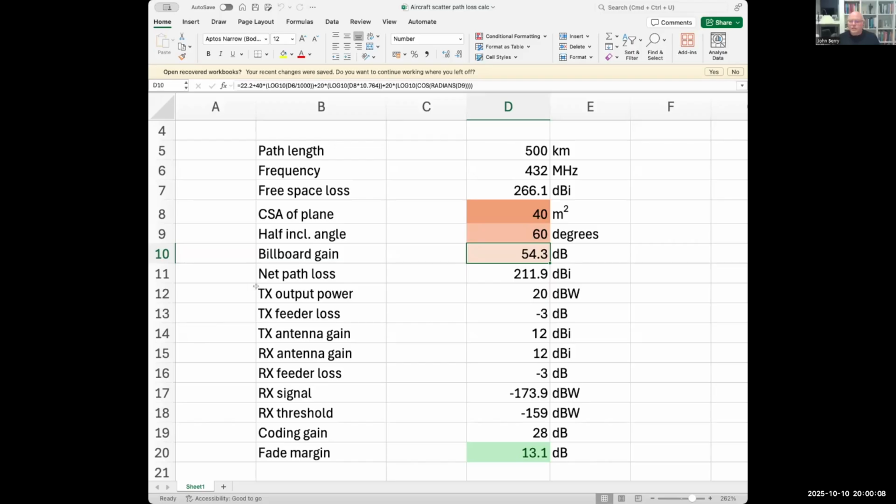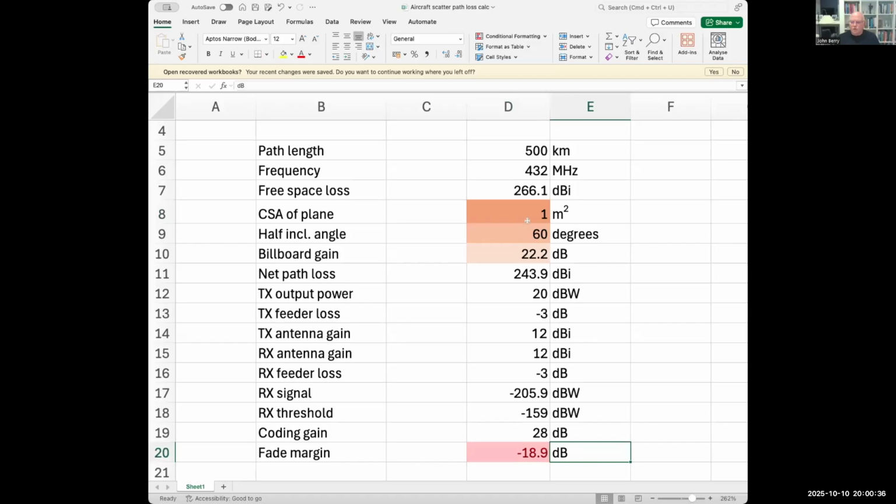Good, good. Right. So we've got a path length of 500 kilometers and we've got a cross-sectional area of 40 square meters. That's the equivalent of a 747. And we've got it green at the bottom. That's all that really matters. If I go to a small aircraft of, let's say, 10 square meters, ooh, nearly falls out. If I go to a Cessna, little Cessna, I think it won't work.